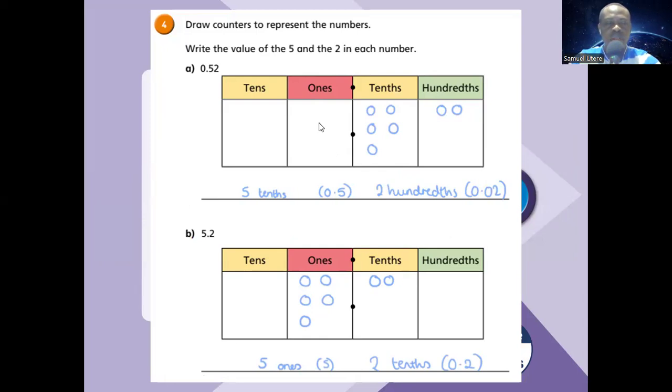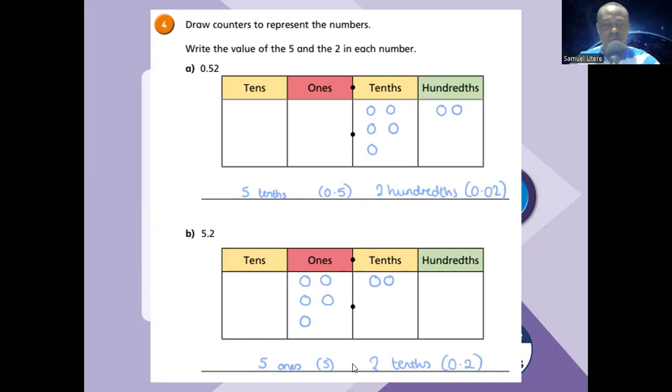If we represent this on a place value chart, we'll have 0 ones. We don't have tens, okay? We don't have ones, but we have 5 tenths and 2 hundredths. The value of 5 is 5 tenths, which is 0.5, and 2 hundredths, which is 0.02.